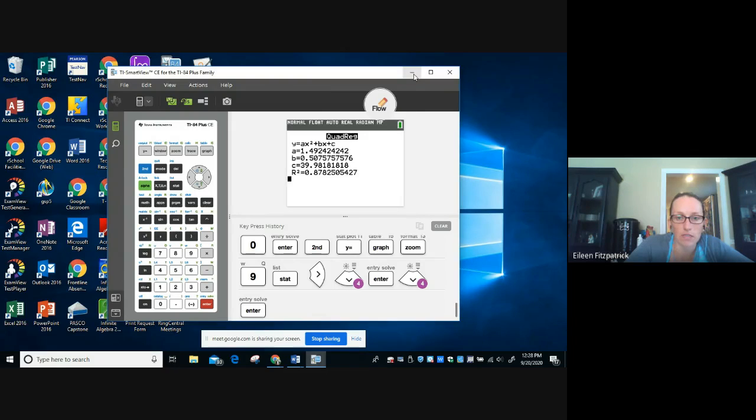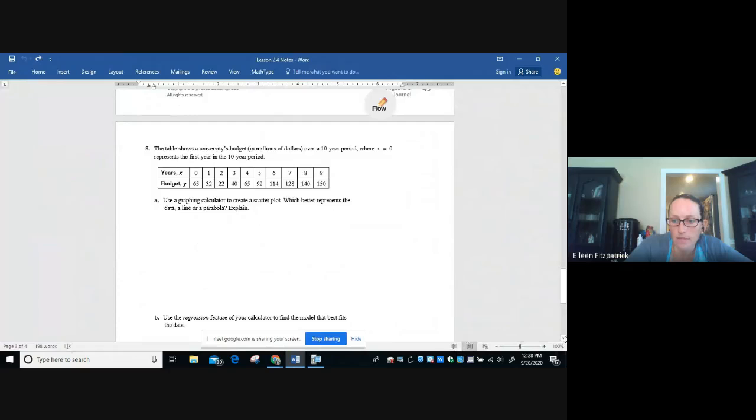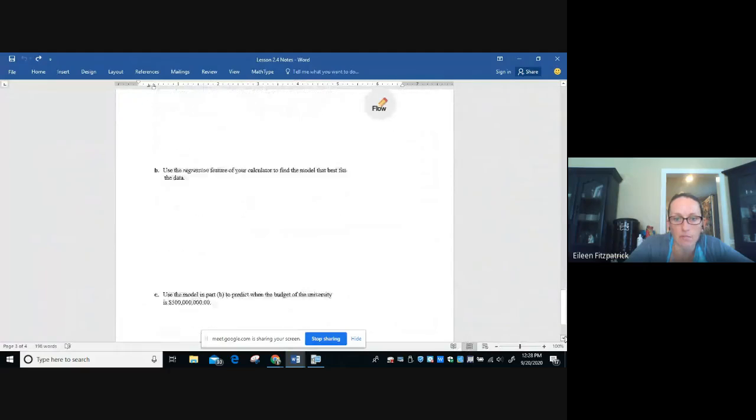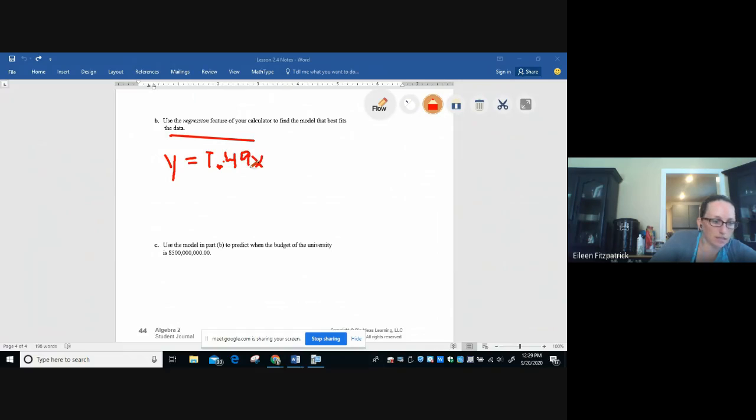Okay, and I'll go back and write this down on paper with you guys. So for B, I would say that my equation that fits the data would be y is equal to 1.49x squared plus 0.51x plus 39.98.